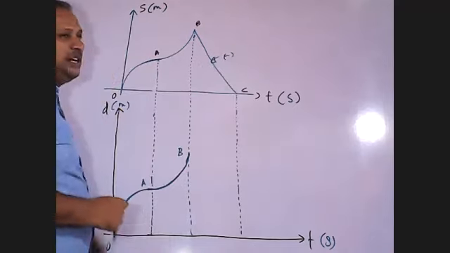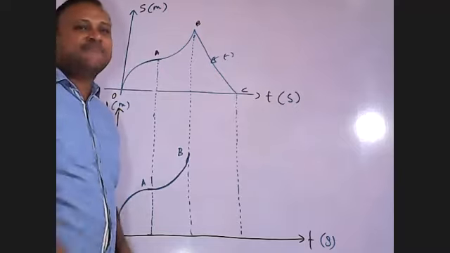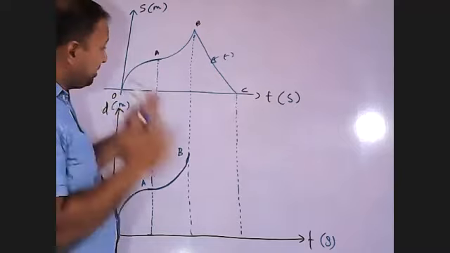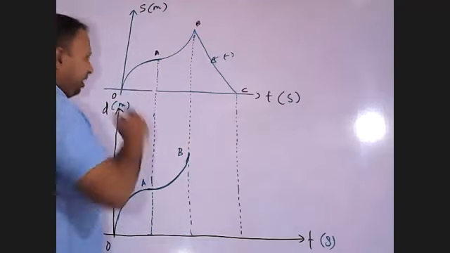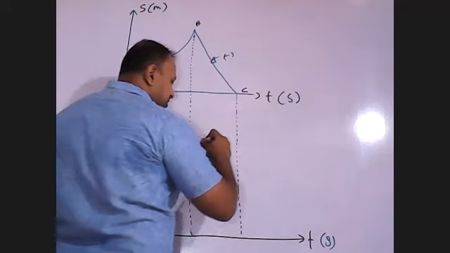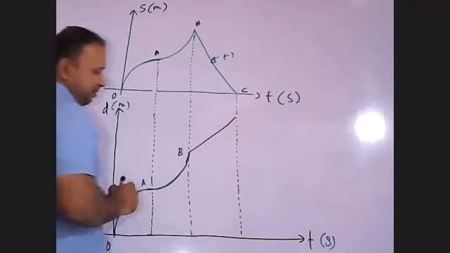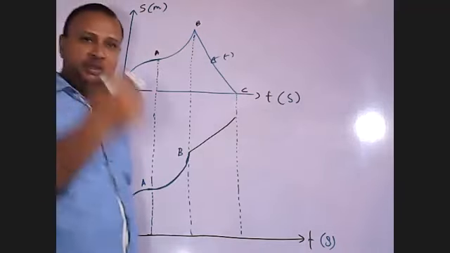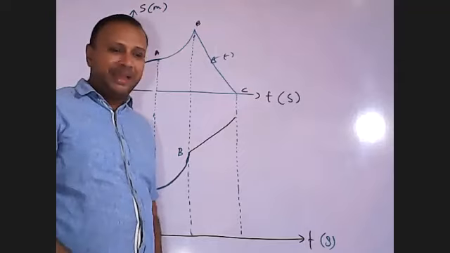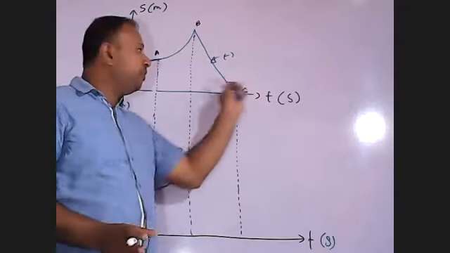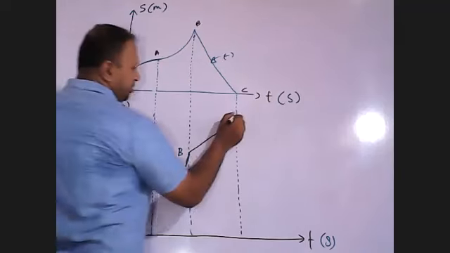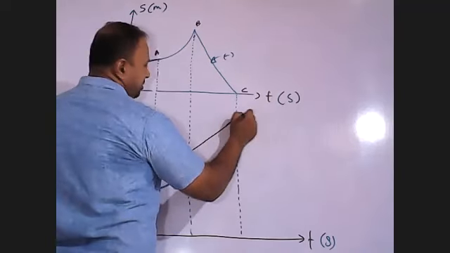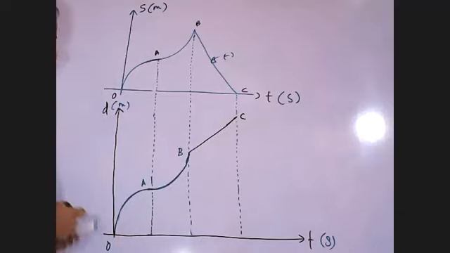Yeah, a straight line. Yes, you see, it is negative, but it is a constant value. Therefore, the speed is a constant. But it should be a positive value because speed is the magnitude of velocity. Therefore, it is a positive value, and it should be a straight line.